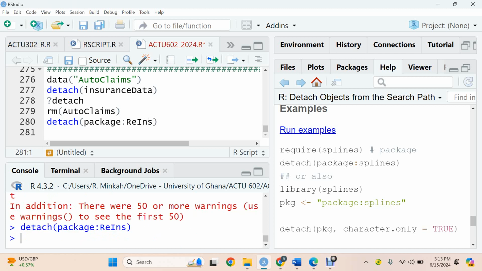okay. So usually there are changes in R and RStudio. So at first I just had to use detach by just calling the name.